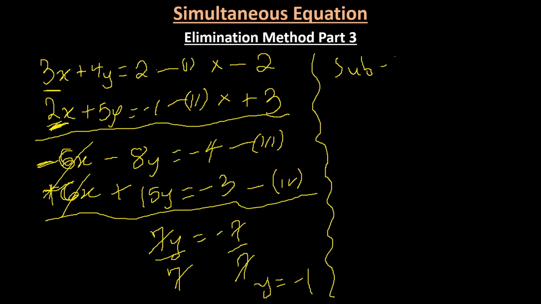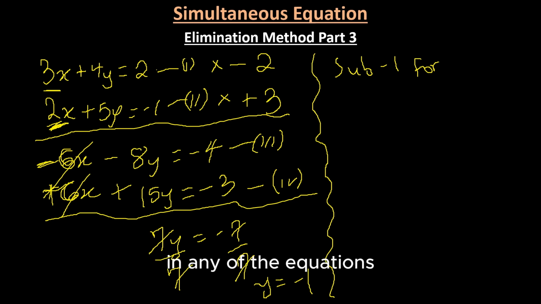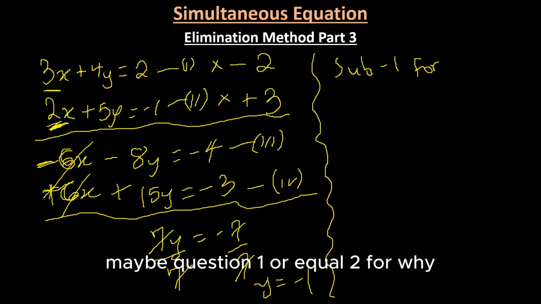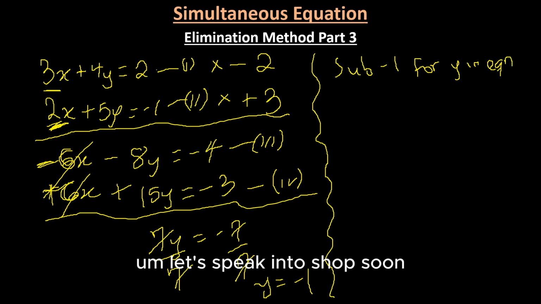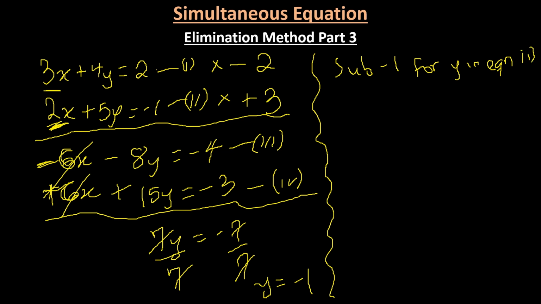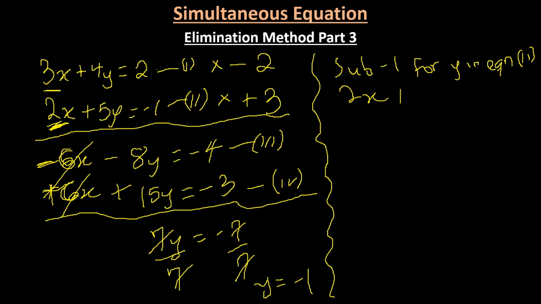So now we can substitute -1 for y. Like I said in my previous video, in any of the equations, maybe equation 1 or equation 2, let's pick equation 2. So what do we have in equation 2? We have 2x plus 5y equals -1.